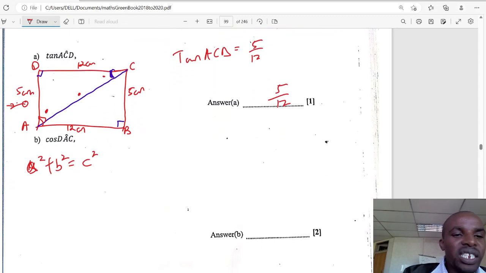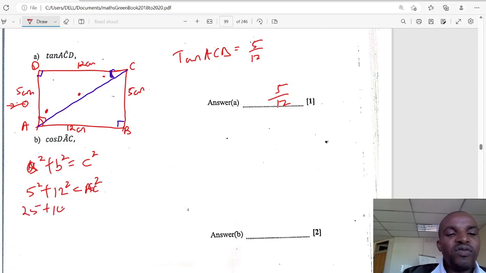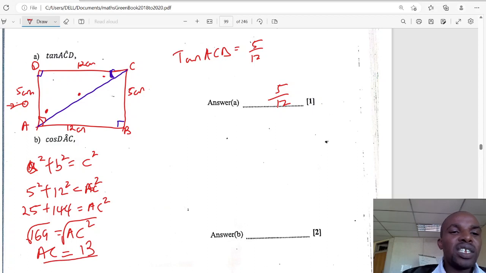So 5 squared plus 12 squared is equal to AC squared. So 25 plus 144 is 169. AC squared is 169, then put square root both sides. You find AC is 13. So this side will be 13 centimeters.